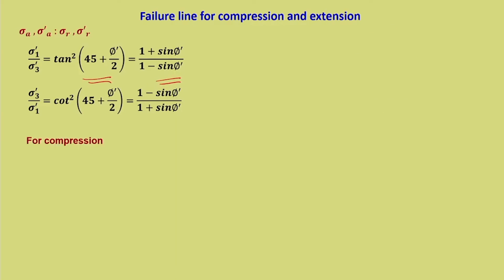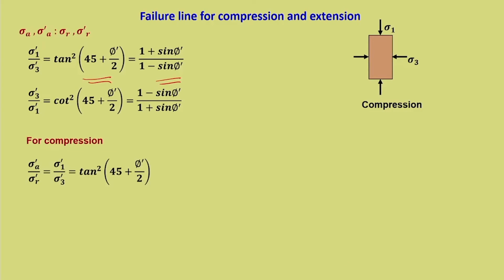For compression, sigma 1 is the axial stress, so this is the one we have to take. Sigma A dash by sigma R dash is equal to sigma 1 dash upon sigma 3 dash, which is equal to tan square (45 plus phi dash by 2). The failure line is denoted as K F C, where C stands for compression.